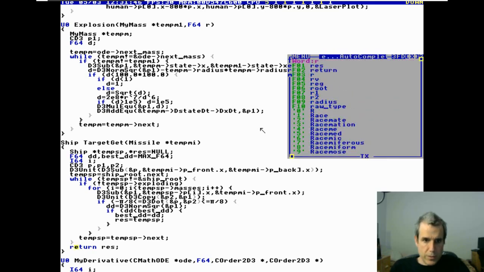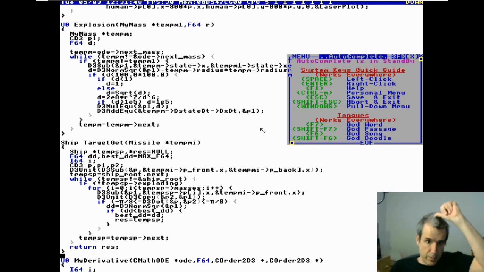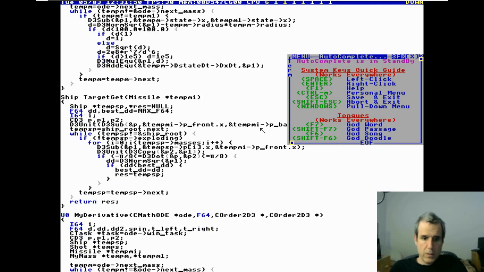Once you've programmed for a while, you develop patterns that you just repeat. Okay, so temp.